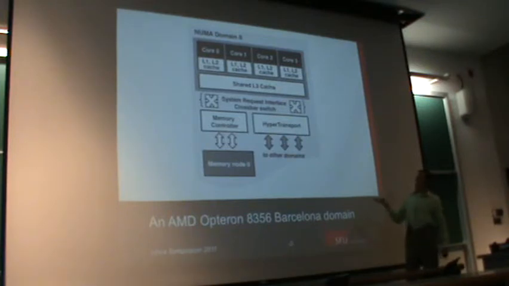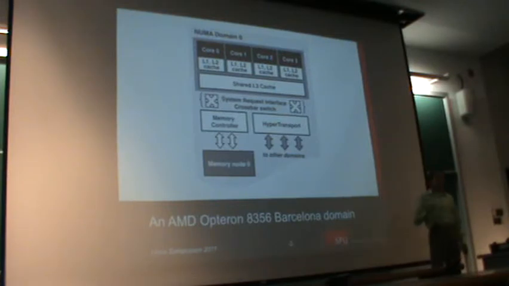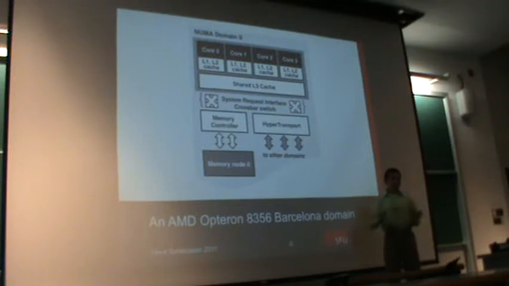For Barcelona, depending on the particular server model, you can have either 4 or 6 cores per socket these days, and typically each core will have level 1 and level 2 caches for its own private use. Then there is also the third level cache, which is shared across all the cores in the chip.